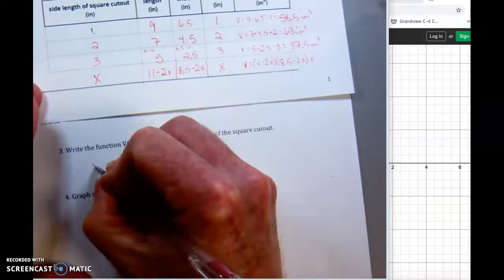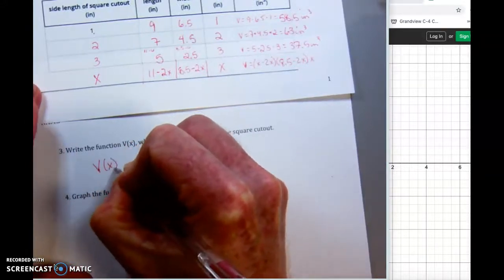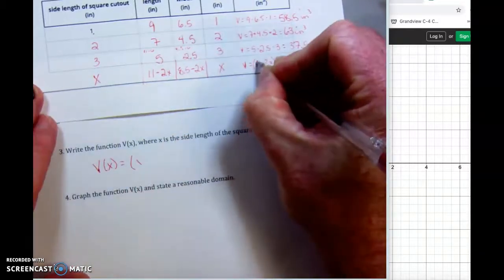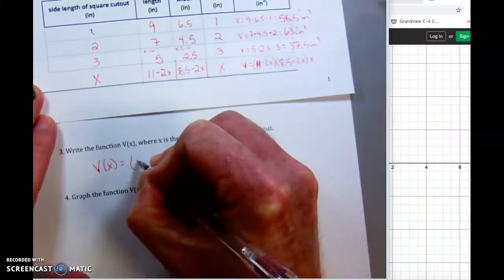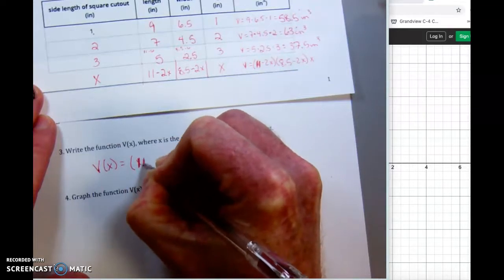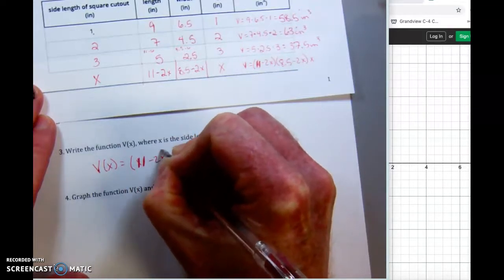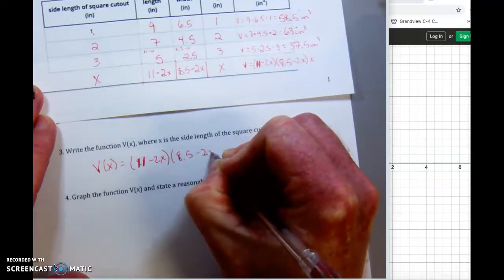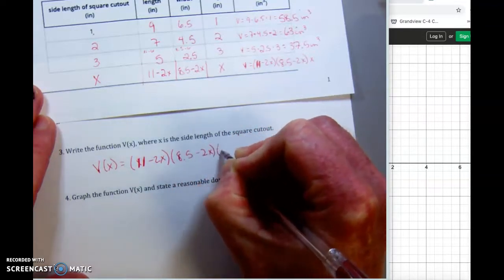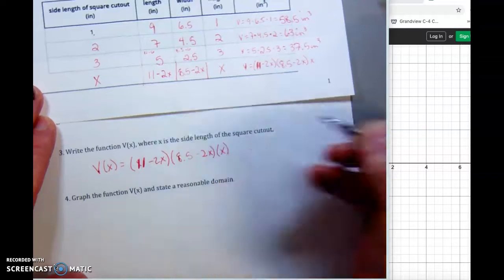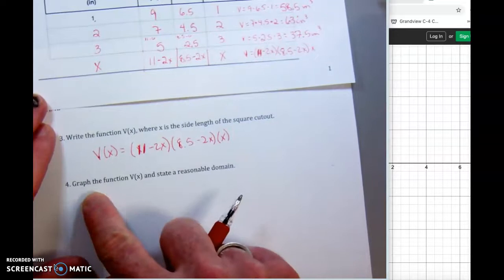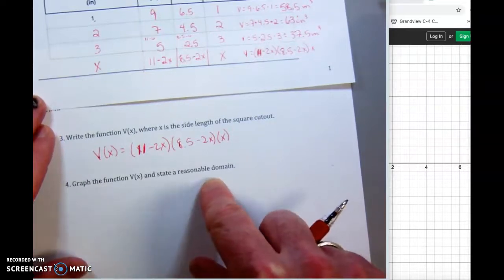So I could say v of x equals, that should have been 11, I messed up, 11 minus 2x times 8.5 minus 2x times x. That last x doesn't have to be in parentheses. All right, so we're going to graph the function and state a reasonable domain.